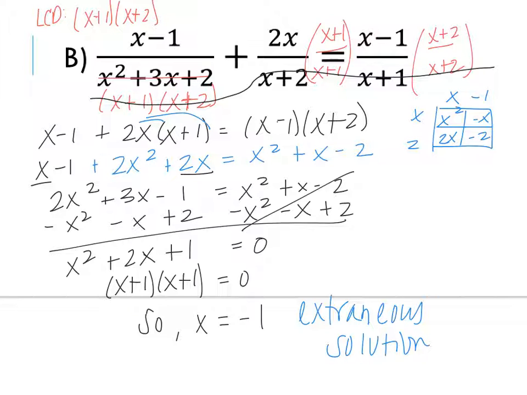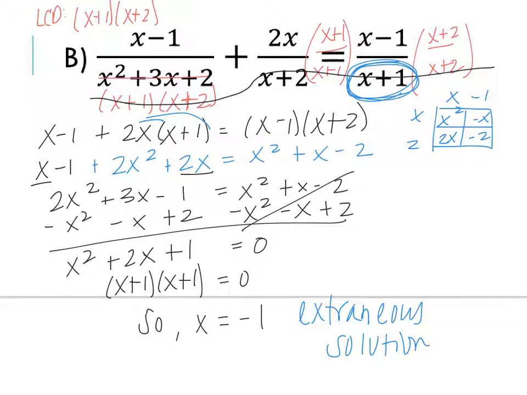So for example, we found out from the very beginning that right here where we see x plus 1, had I set that one in particular equal to 0, I would have gotten x equals negative 1.